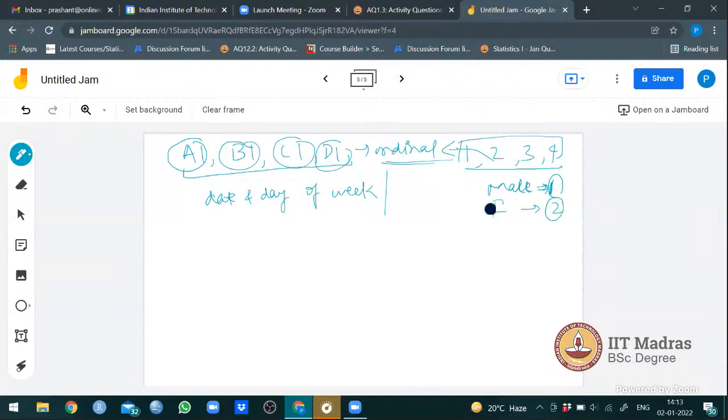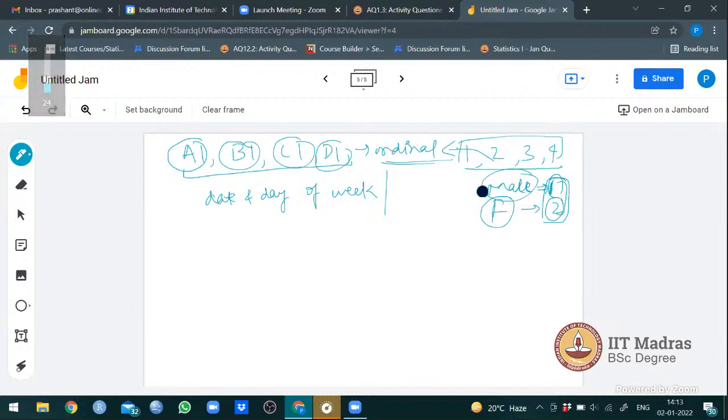If you say this comes under ordinal, that means you are saying female is greater than male. You can code, but it depends on what code you have done. So basically we can't differentiate between them.